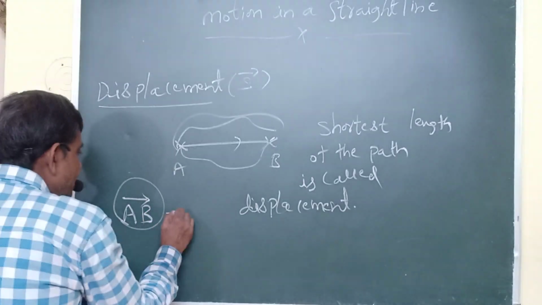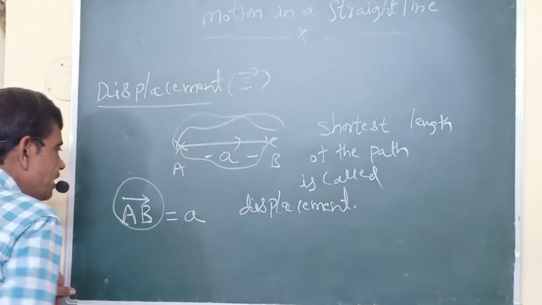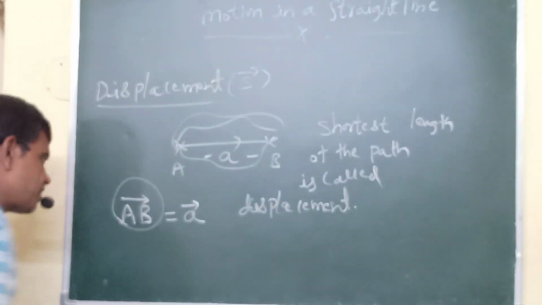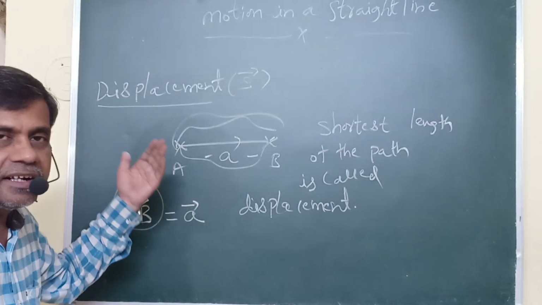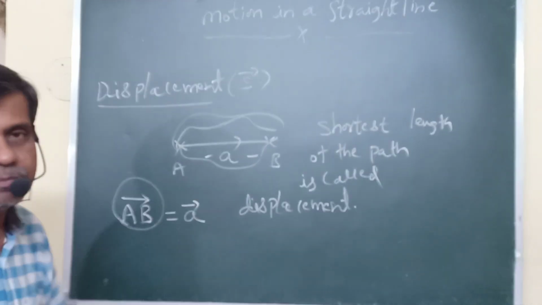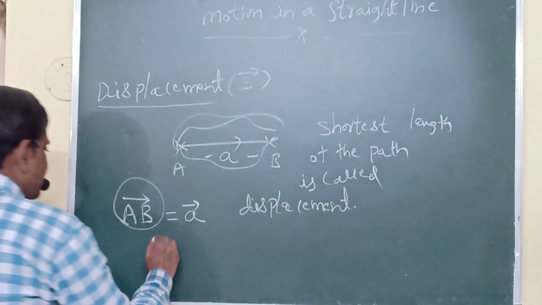I am taking this length as small a. This is the direction. It has magnitude and also direction and also follows vector algebra. That is called vector. So displacement is a vector.